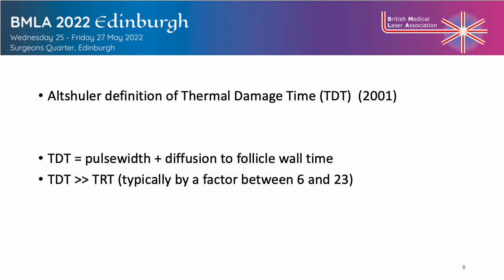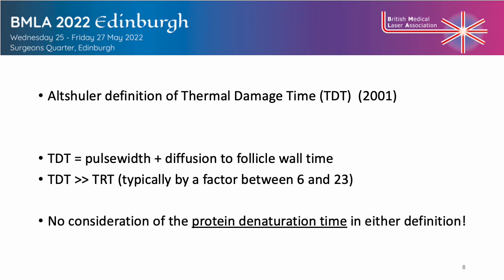So of course this takes a lot more time than the original relaxation time, and in fact they found that it increased the relaxation time by a factor of between 6 and 23, depending on the size of the follicle you're considering. But neither of these definitions take into account the time it takes for the proteins in those cells to denature. So this is where the flaw lies.